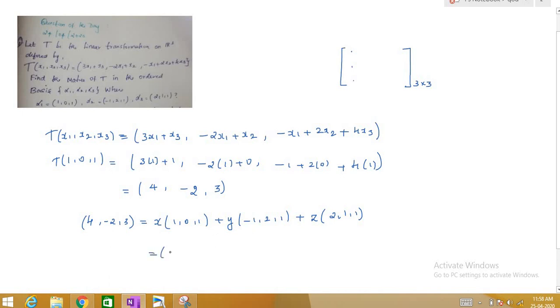If I multiply the x term, we will have x, 0, x. If we multiply y, I'll have minus y, 2y, y, and this will be 2z, z.